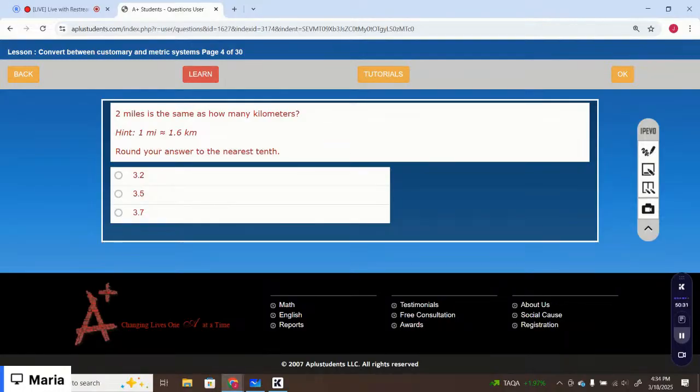Two times 1.6 is 3.2. That is option number one, the correct option.